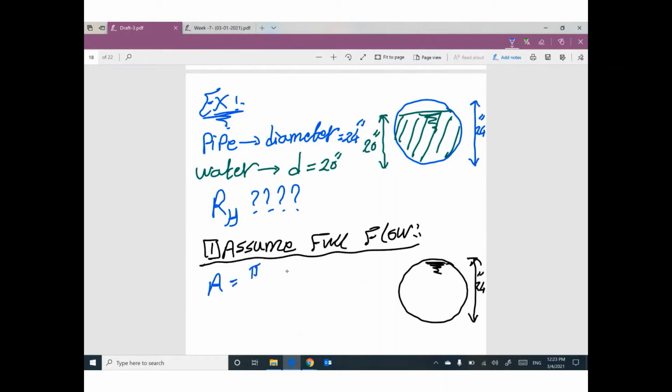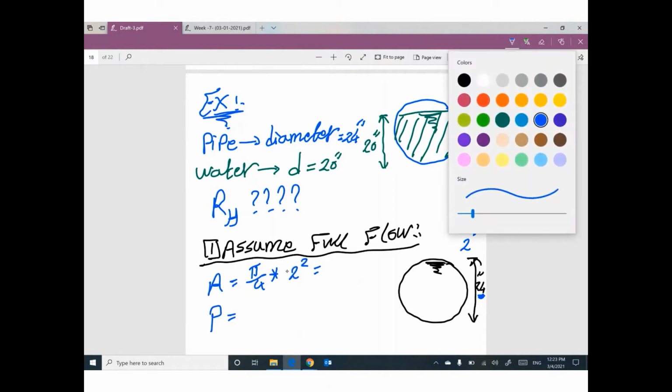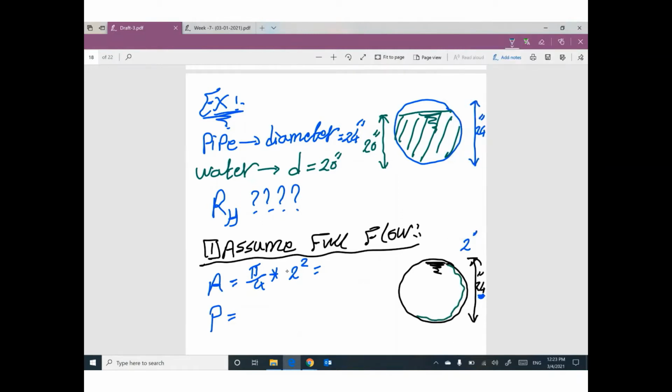Pi divided by 4 times 2 feet squared, because 24 inch equals 2 feet. Wetted perimeter. What is the wetted perimeter right now? It's full, so the wetted perimeter is the perimeter of a circle, pi times D. So the area will be pi divided by 4 times 4, which equals 3.14.